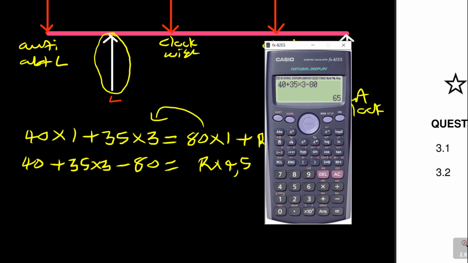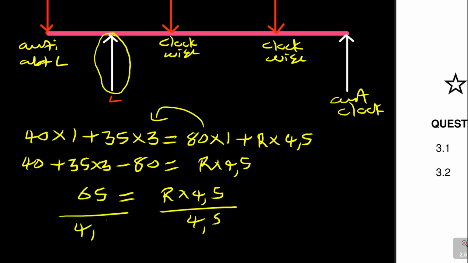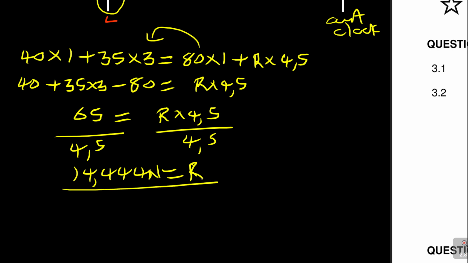After that, I'm going to divide by 4,5, which gives 14,44. So 65 was R times 4,5; I divide by 4,5 and the answer is 14,44 to 3 decimal places, equal to R. But don't forget, you are dealing with newtons. That is the first thing.